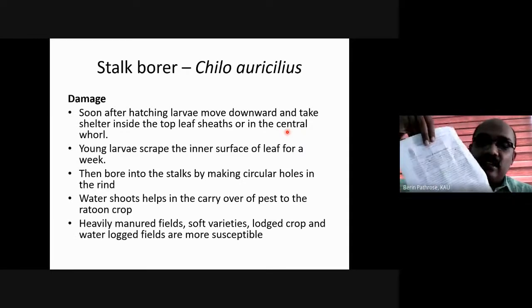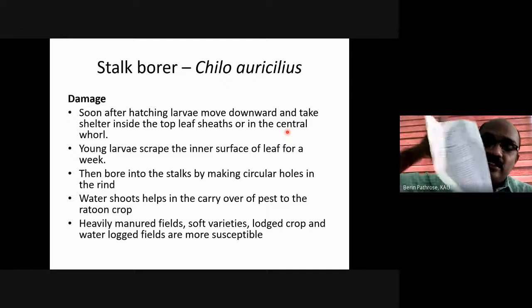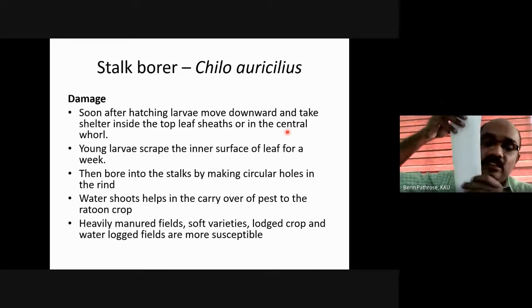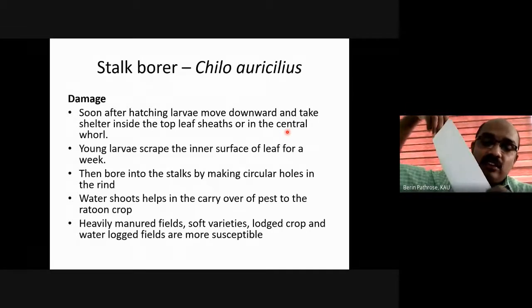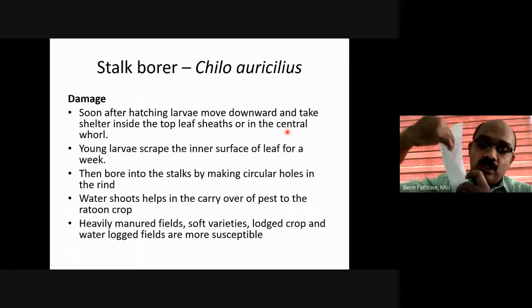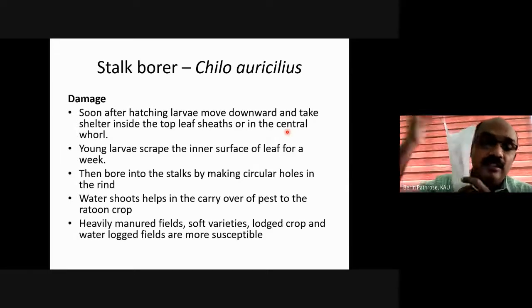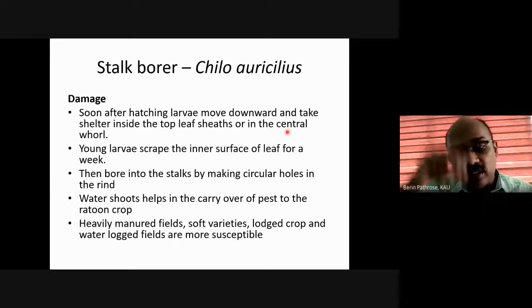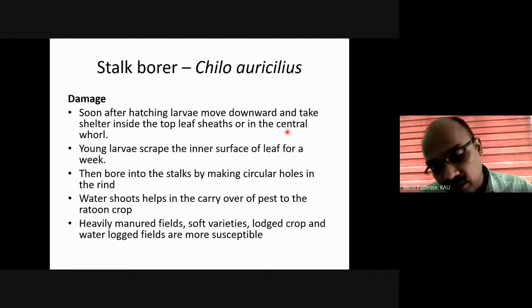Consider this as a leaf. This part is the leaf sheath. So if the eggs are laid over here, the larvae will move down into the leaf sheath and remain inside the leaf sheath or the unopened central whorl.